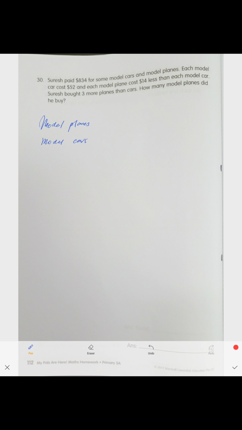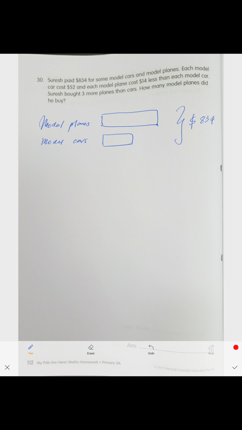Over here they tell us Suresh bought 3 more planes than cars. So we don't know how much money he spent on them, but we know that he spent more. So this is going to be a bigger unit, and this is going to be a smaller unit, right? Well, it's easy to calculate for us. So this is going to be $834, right?